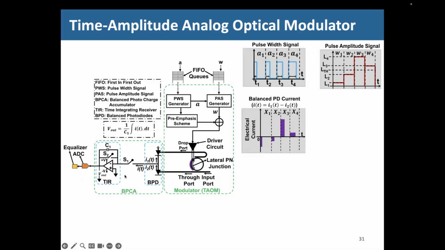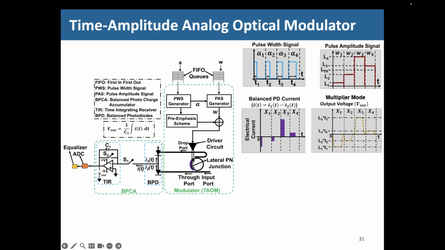And then you can have this time integrating receiver at the end. With a time integrating receiver, you can operate it in a multiplier mode, where you operate this TIR circuit, or receiver circuit, at the data rate speed, right? Then you can have multiplication results coming up, right?